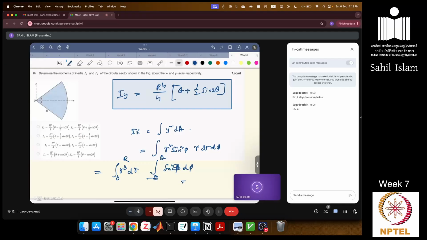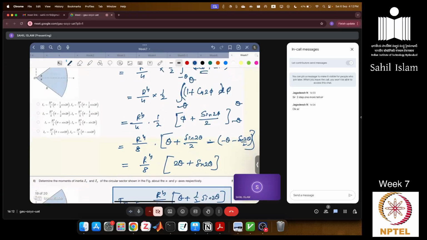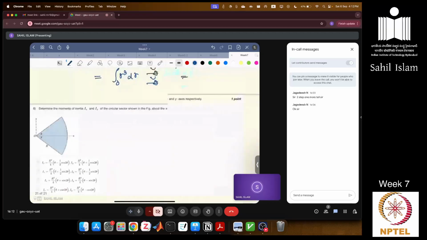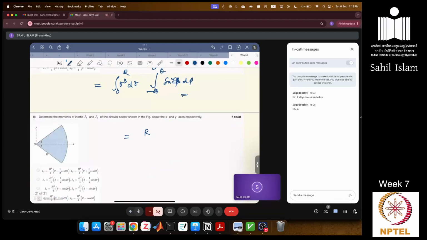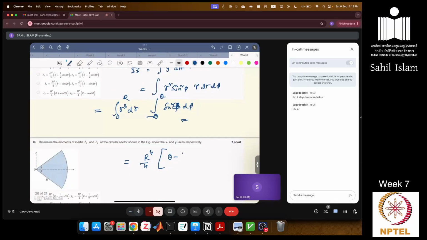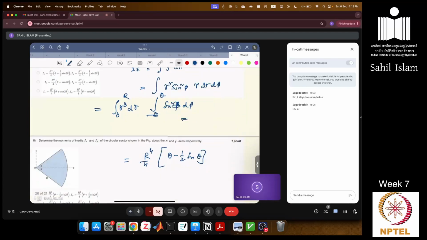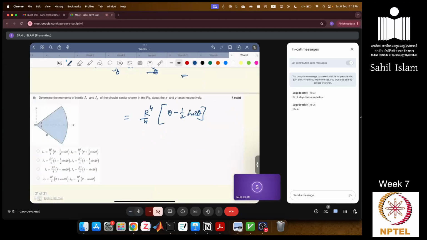In the same way it has been shown, you can integrate this and you will finally get the same thing with a negative sign: r to the power 4 by 4 times theta minus half sin 2 theta. So Ix has the negative sign and Iy has the positive sign. This is the answer.